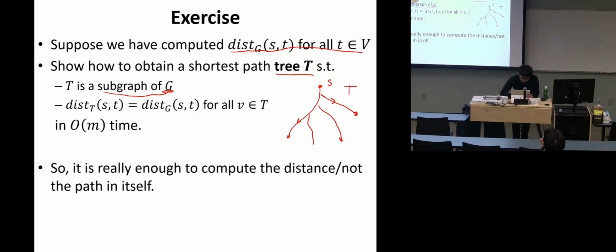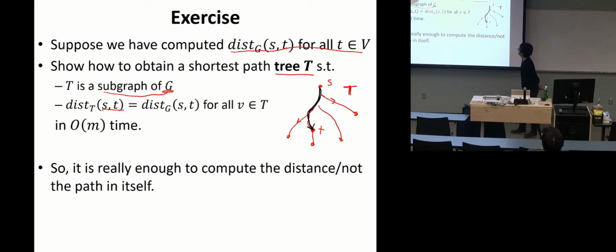And what's more, you have the property that if you walk from S to T in the tree, fixing any node T, then this path itself is the shortest path in G. That is, the distance in the tree to T is the same as the distance from S to T in the graph itself.